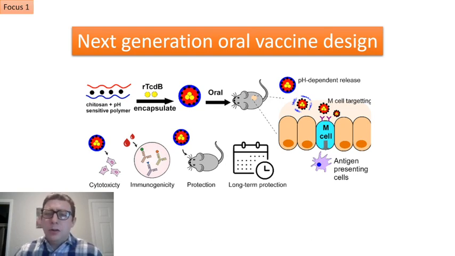This polymer hopefully will offer more protection because this is specifically designed to be acid sensitive, so it can pass through the stomach acid without having any damage and then release our antigen into the intestines. Along with this, it would also help in targeting specifically M cells, which are the immune cells that line your gut.